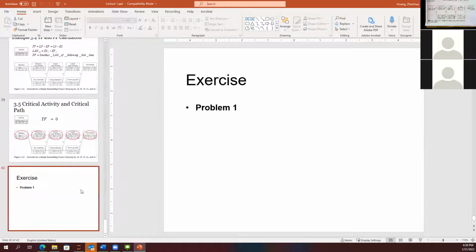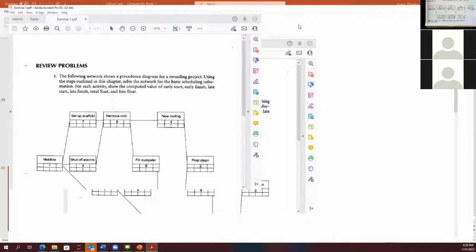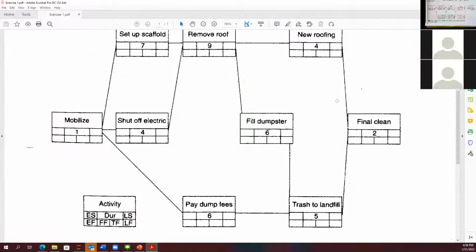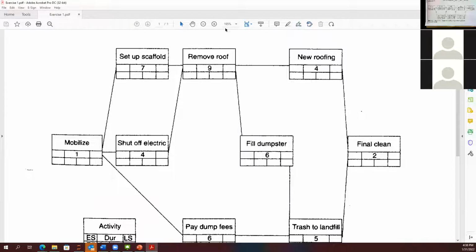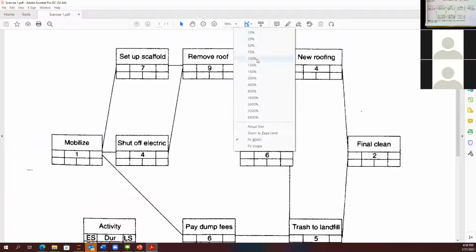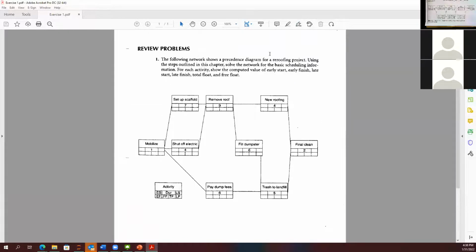Now let's do an example. Work on this. Did I post this page on Canvas yet?